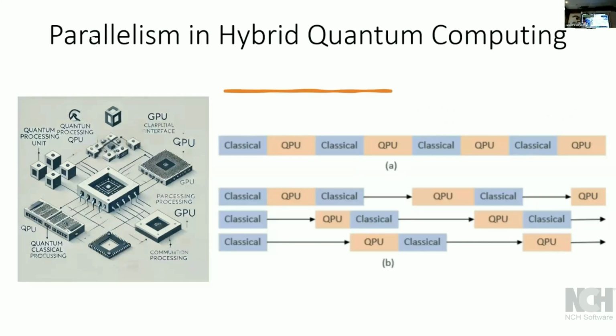Okay, this is something new: parallelism in hybrid quantum computing. As we know, everybody agrees that quantum computing right now cannot be a quantum computing chip alone, it has to be hybrid, as I mentioned in the first slide. So you have a QPU and GPU. I want to mention how we are going to manage the QPU and GPU. Right now, I was at IBM earlier.